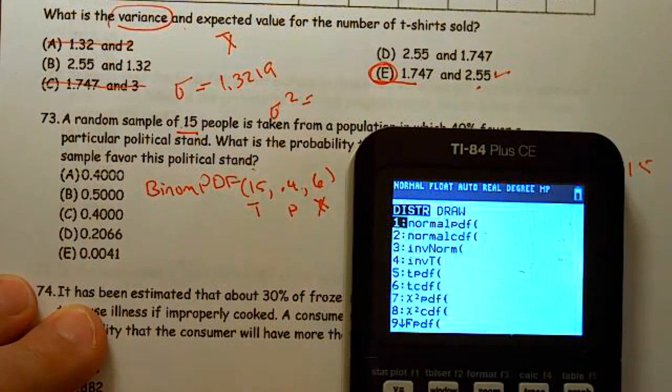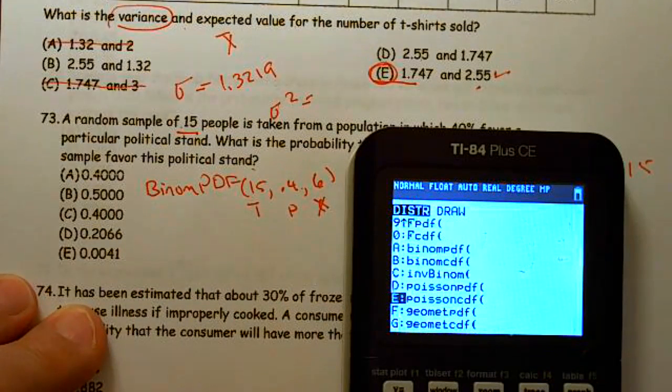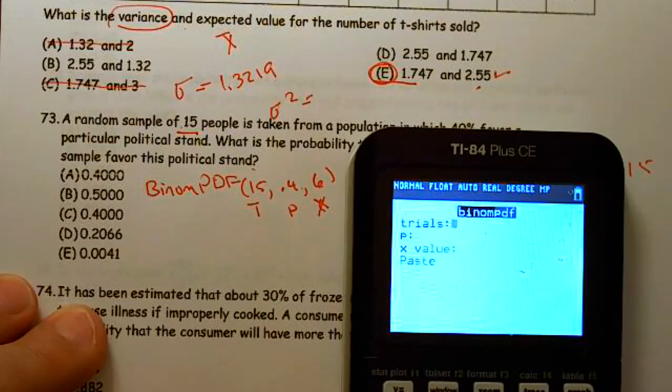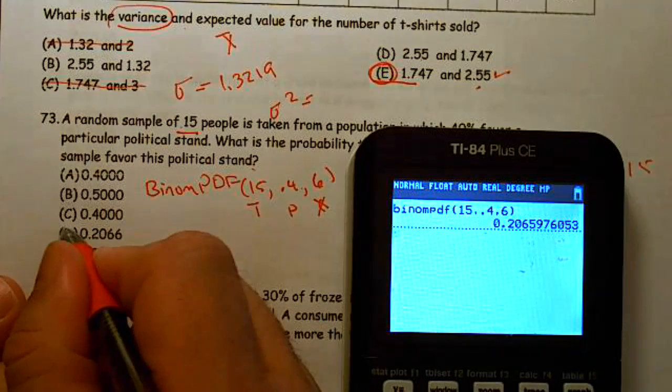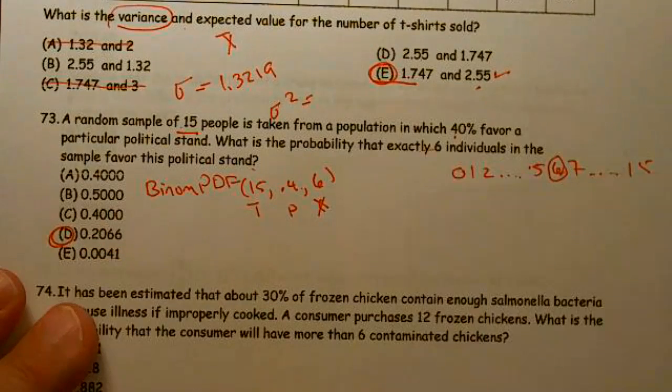Second VARS, binomial PDF, trials is 15, probability is 0.4, X value is 6. Sooner or later, and we end up getting 0.2066. So in this case, letter D is our closest answer.